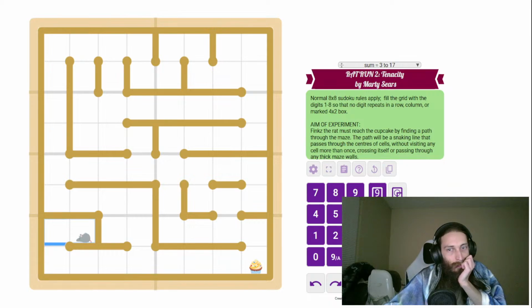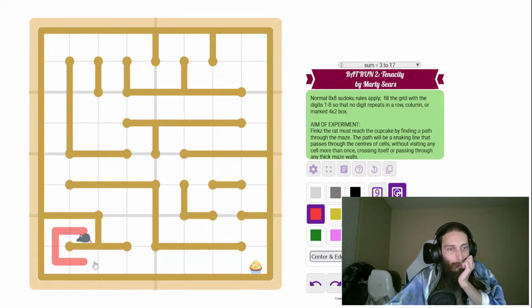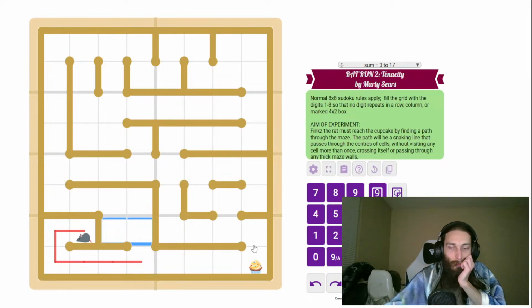Because, well, we know that the path has to look like this. So 1 has to go over here. And I'm trying to think of where 2 could go. That's going to be difficult to place a 2 in here.